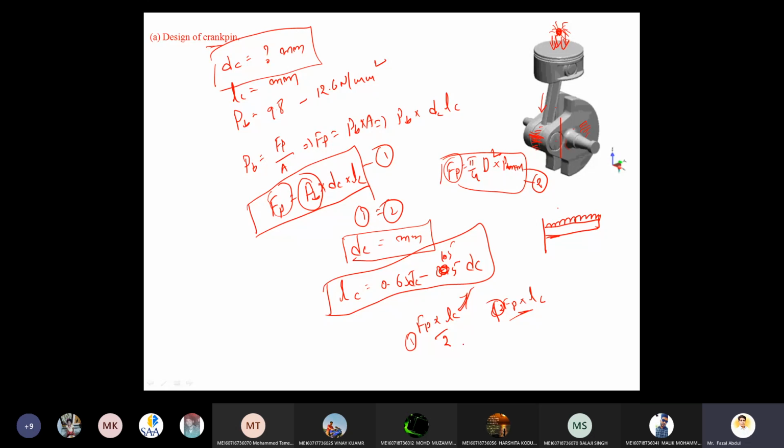So here we have to take the mean value, because we are facing two magnitudes. That mean is 3 by 4 into Fp into Lc.